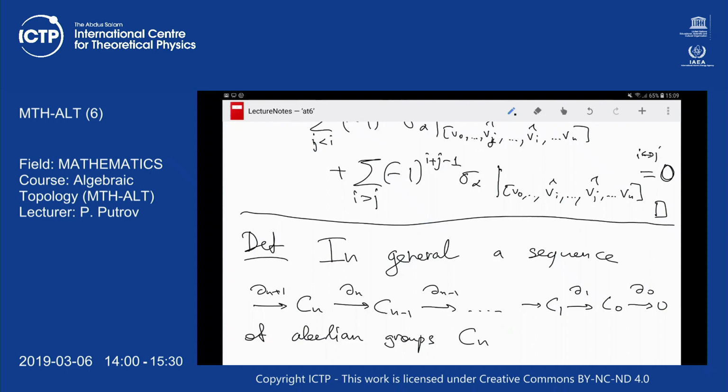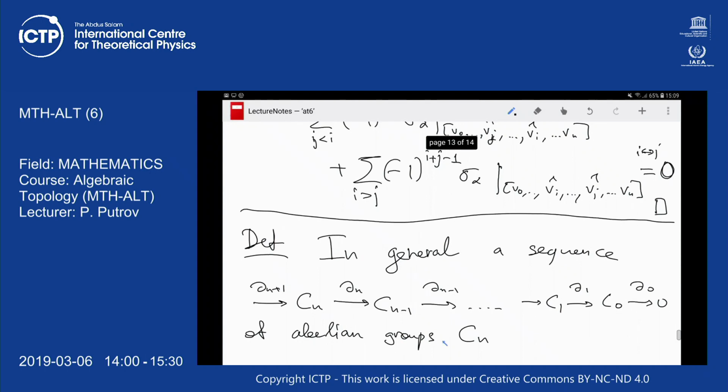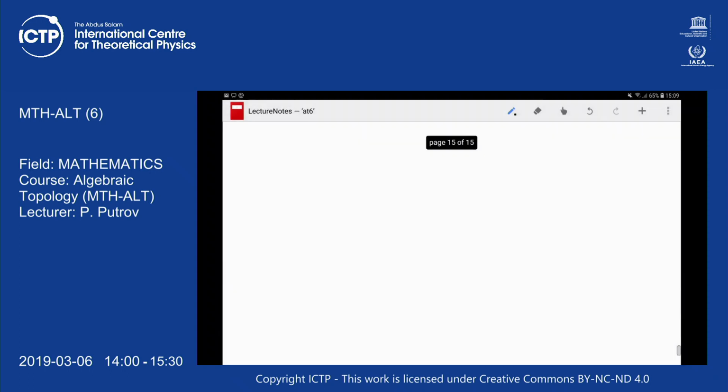You can forget what I was talking about before for a moment. Here the C_n's are just some abstract abelian groups, and the D's are some abstract homomorphisms between them.